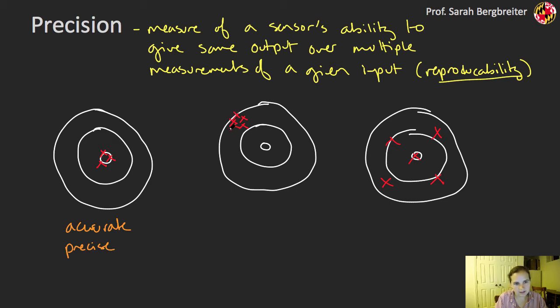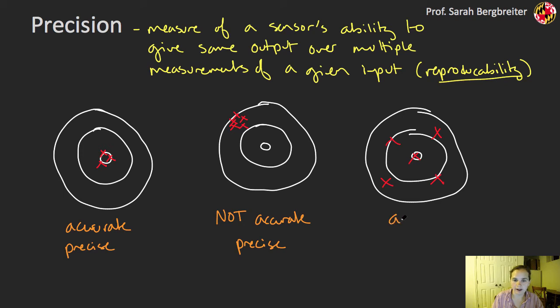Right, in this example right here, you have a bunch of measurements that are clustered together, but nowhere near the bullseye of the target. So in this case, you are definitely not accurate, but you are precise. And then in this final example, if I took kind of the mean of these measurements, they would be around that bullseye.